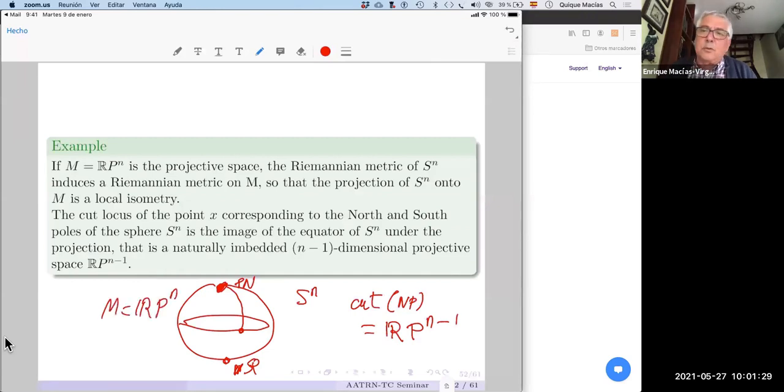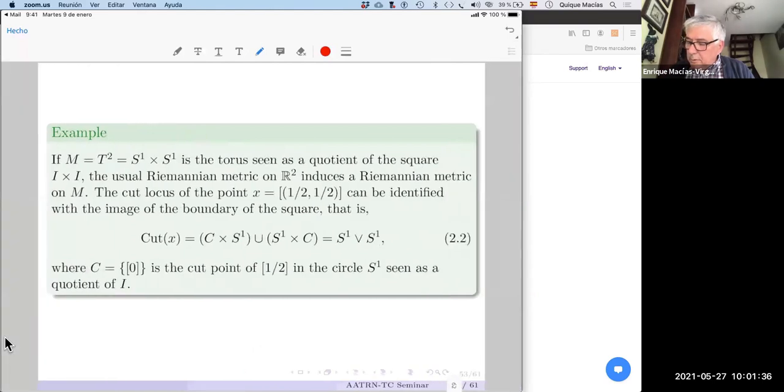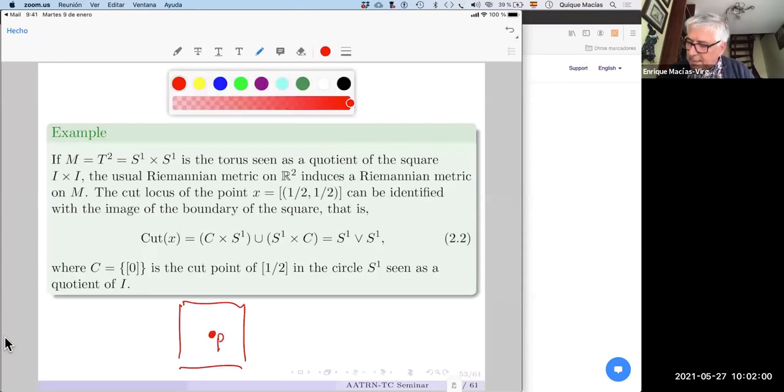But in general, the cut locus is very difficult to compute. It is very, very wide. So an easy example is the torus. If you have the torus seen as a quotient of the square I times I, the usual Riemannian metric on R^2 induces a Riemannian metric on M. And so if you see the geodesics starting at this point, the geodesics are the straight lines.